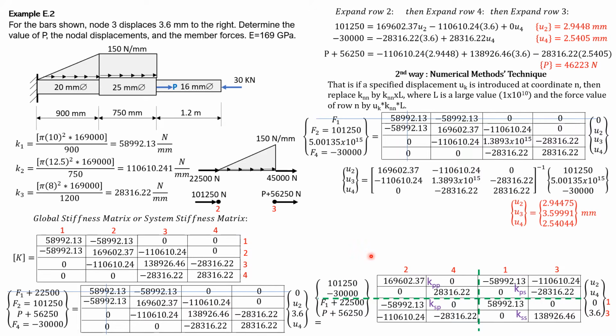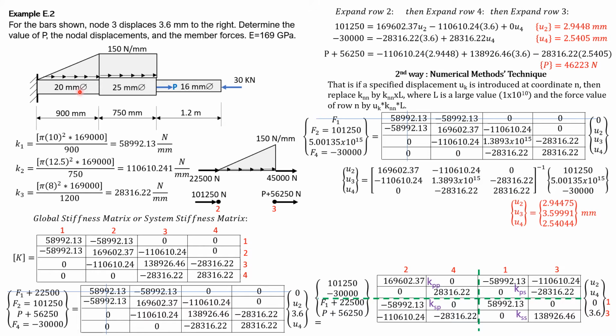Now, before you partition, you cannot use this directly. So the suggestion is you put all the known displacements at the last rows, and in the upper rows, the rows where the displacements are not known or to be determined.